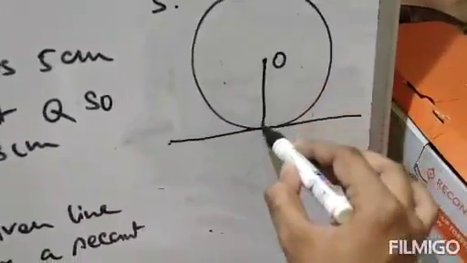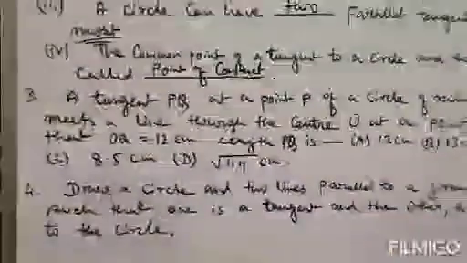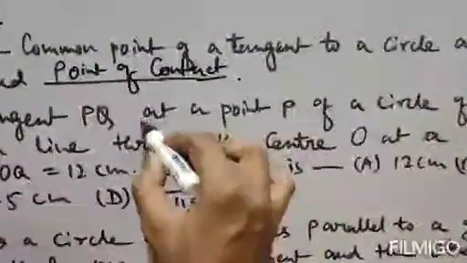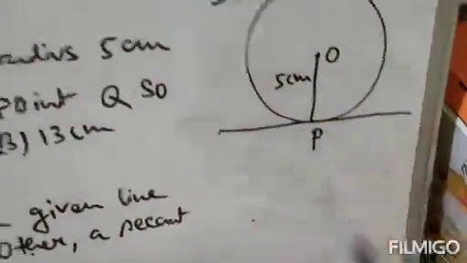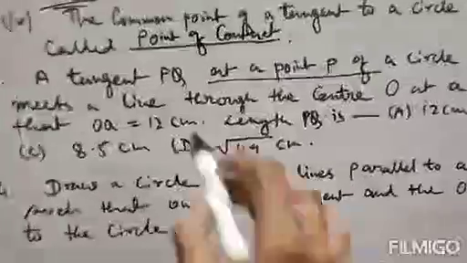So this is the radius, 5 cm given. The tangent is drawn at a point P of the circle. So this is the point P, and the tangent is named PQ. So this is Q.